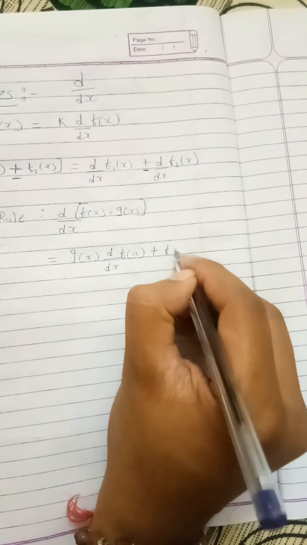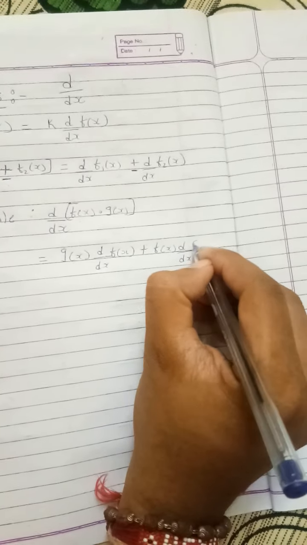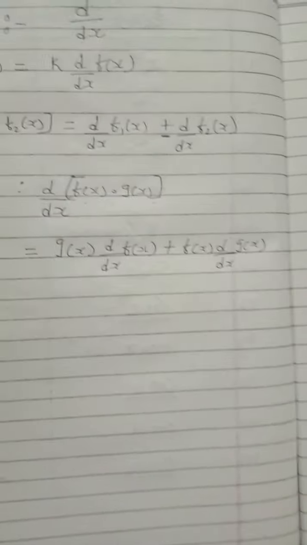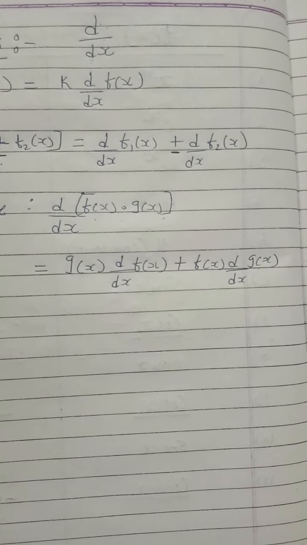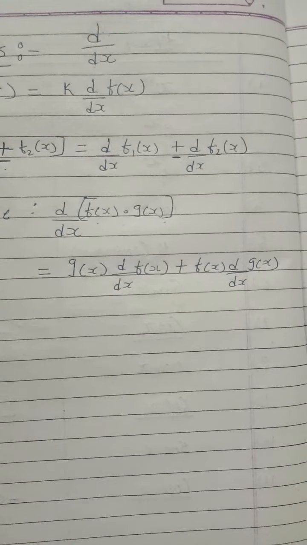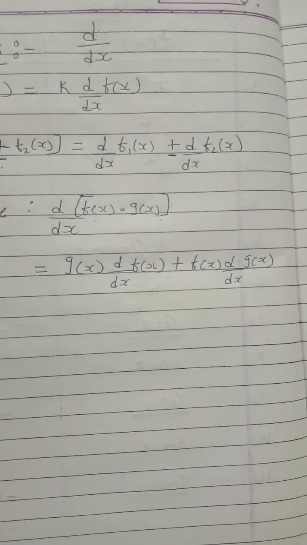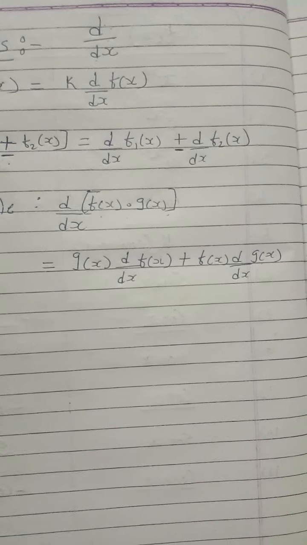So the formula of this product rule is: f of x into g of x is given, and its derivation is g of x into d dx of f of x plus f of x into d dx of g of x.